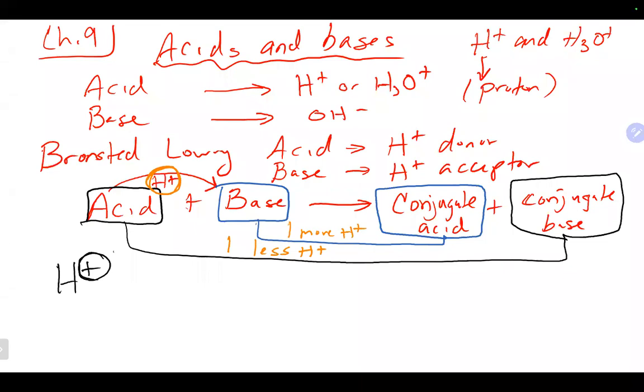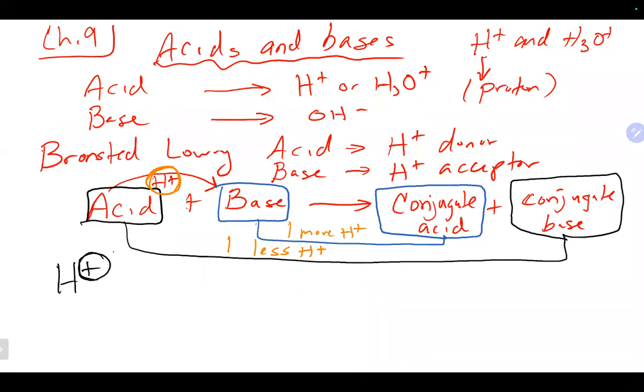So things that lose the plus become one more negative, and things that gain the plus when the H plus gets transferred become one more positive. So on the conjugate side, on the right-hand side, you want to make sure that you adjust the charges for that plus. That's a very common mistake people make, they just take the H out and don't worry about the plus part of it. So it really does change what is there.